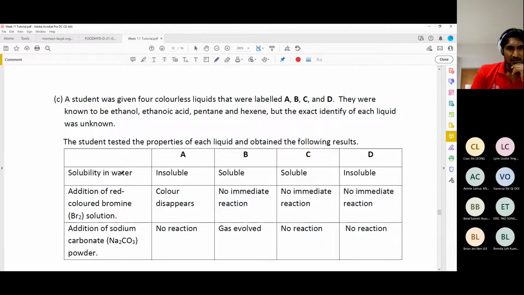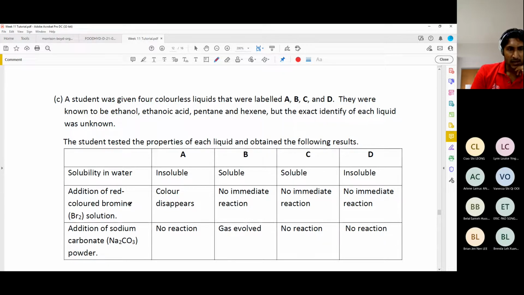A, B, C, D, so we do not know what is A, what is B. A can be ethanol, ethanoic acid, pentane, or anything out of these 4. Same goes for B. For solubility in water, A is insoluble, so that means it does not get dissolved into water.